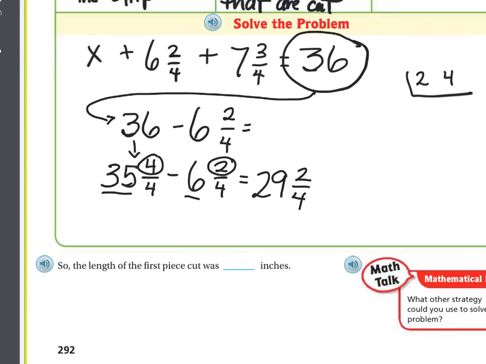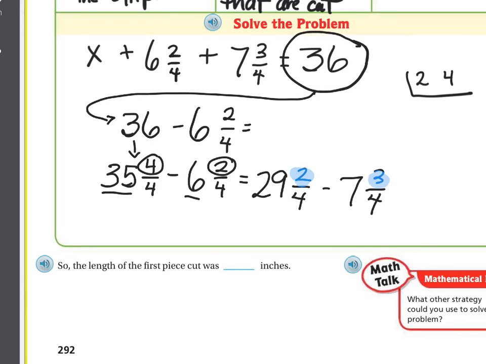Now we're going to subtract 7 and 3/4. Okay, so can we subtract 3/4 from 2/4?